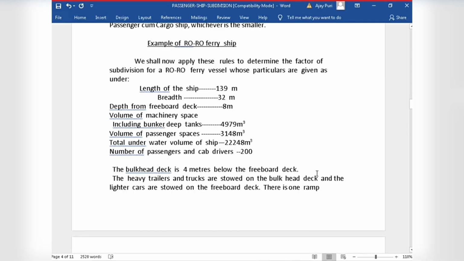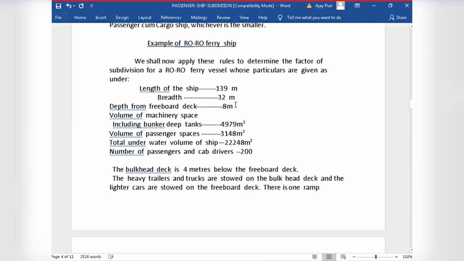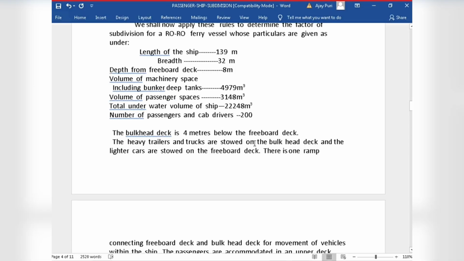Now suppose there's a ro-ro ferry ship. How do you determine the factor of subdivision? Length is 139, breadth is 32, depth for freeboard is 8, volume of machinery space including bunker and deep tanks is 4979, volume of passenger space is 3148, total underwater volume is 2248, number of passengers and crew is 200. The bulkhead deck is 4 meters below the freeboard deck.